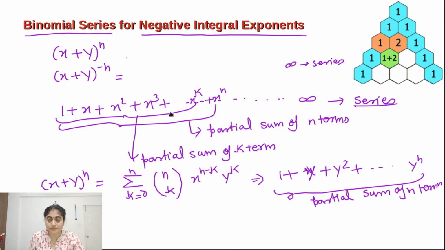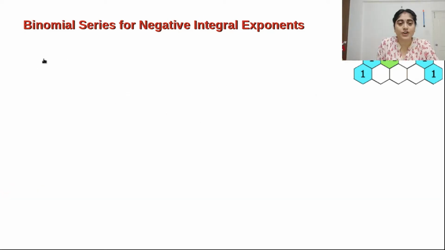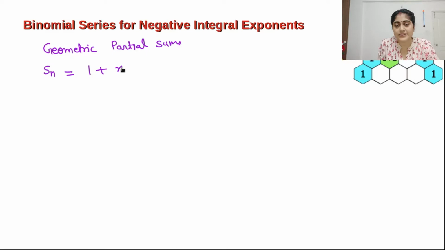Now I will tell you about the geometric partial sum. That is shown as Sn, which is 1 + x + x^2 and so on, up to x^(n-1).